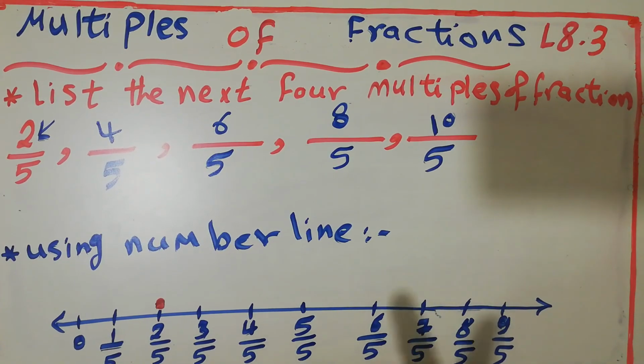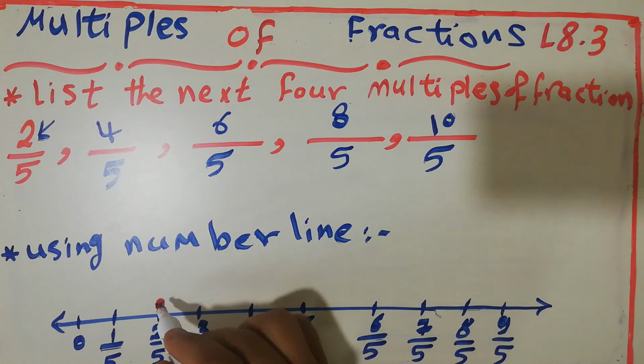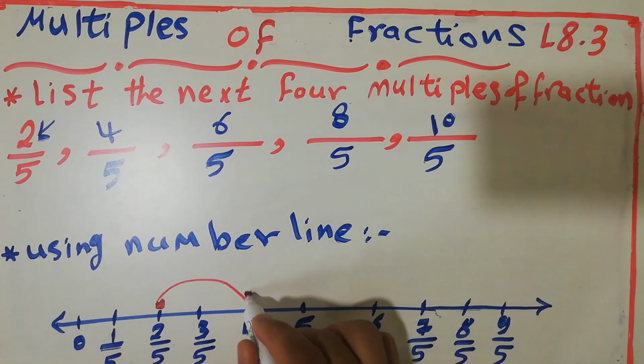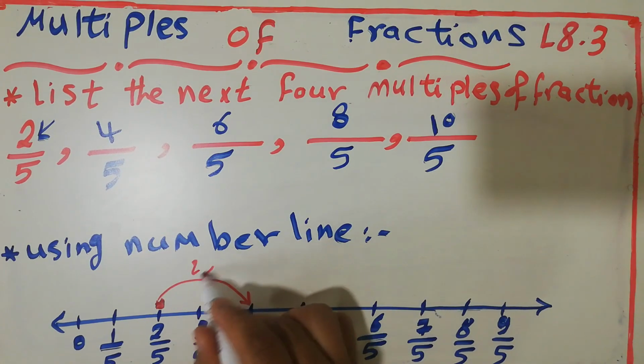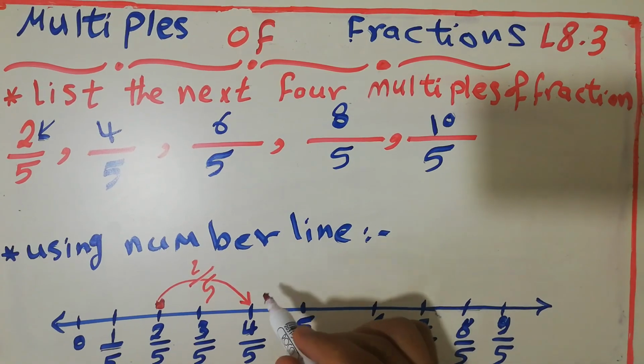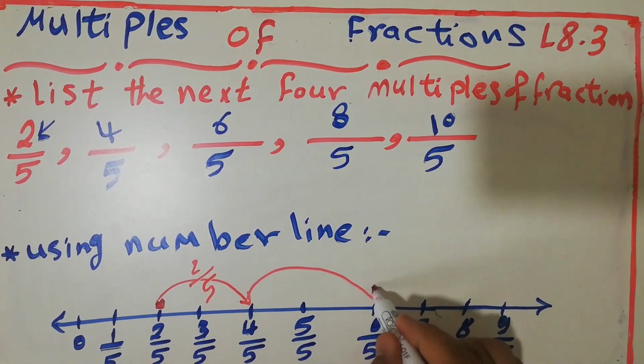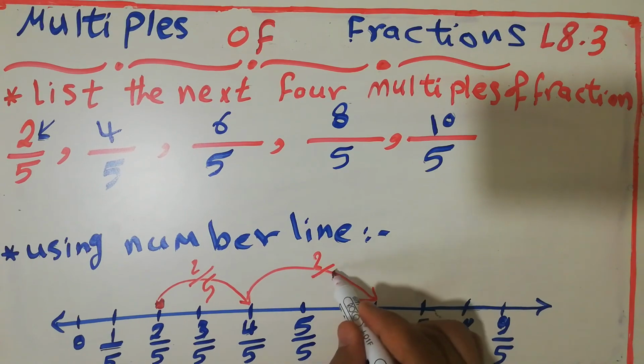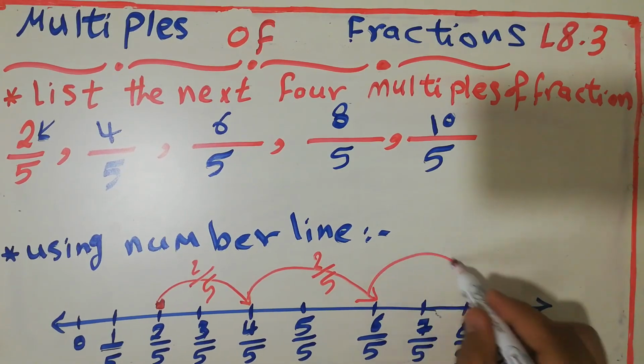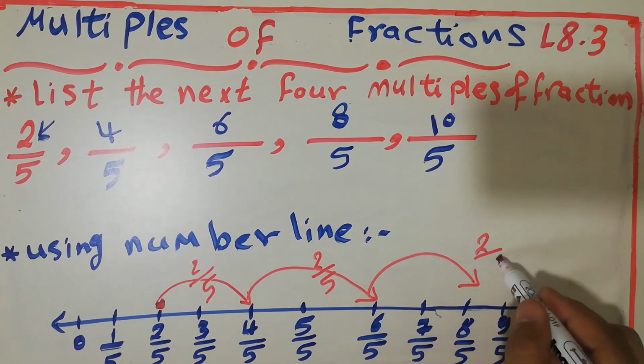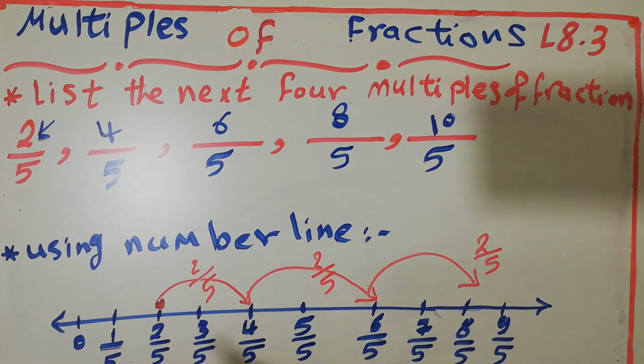Then we count by 2/5 at one jump. Here the first jump represents 2/5, and the next jump here 2/5, and the next jump here 2/5. Then here we find now 3 multiples of 2/5. Here 2/5, 4/5, 6/5, and 8/5.